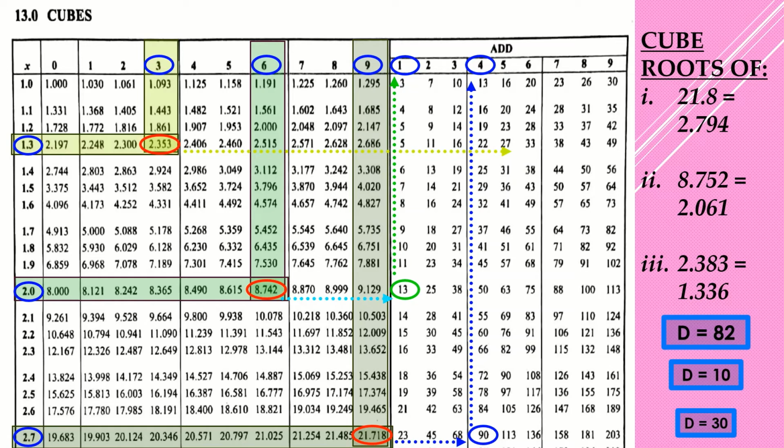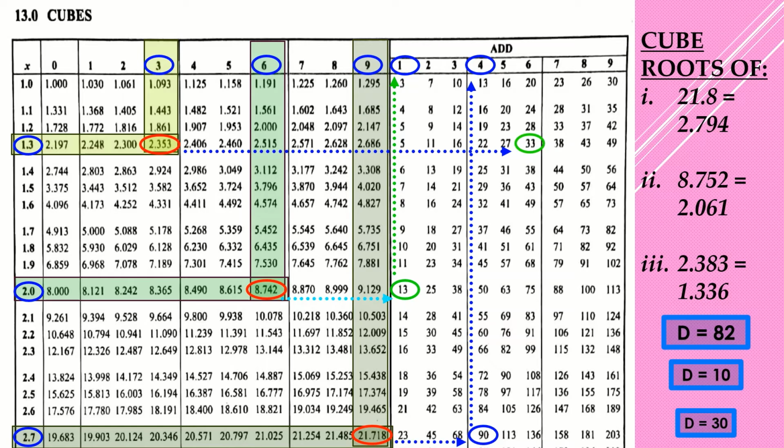So we look at a number which is 30, but should not be lower than 30. It should supersede 30. What is that number? That number is 33, because we do not have 30. So we go with the number 33. That number is there in our next table, the add table.